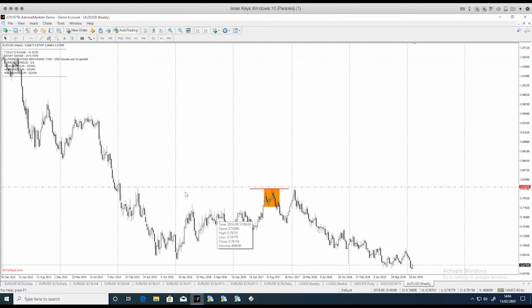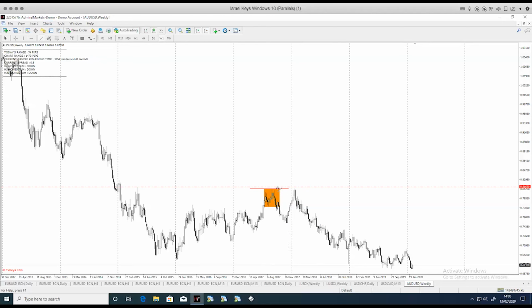No. But just forget the fact that this is a weekly time frame. On any time frame, you throw that level in there, you expect something to happen here, either for price to react to it and reverse, or it could continue. So it could have gone this way. Let me show you this.